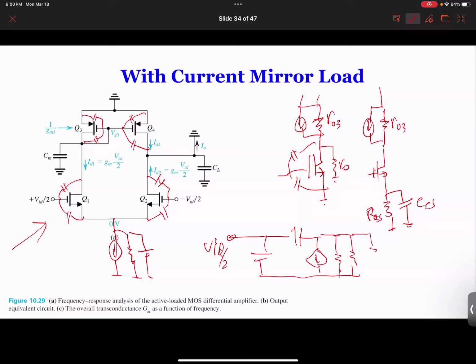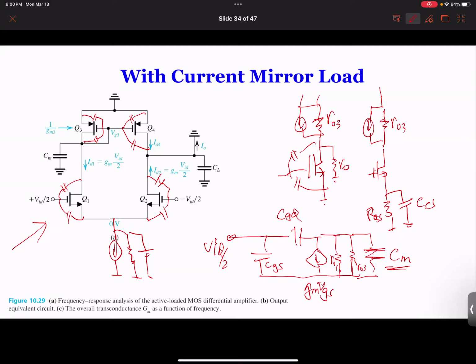And then you have this CM, and this is your CGS, this is your CGD, and this is your gm times VGS, and this is your RO1, and this is your RO3, and this is your CM.